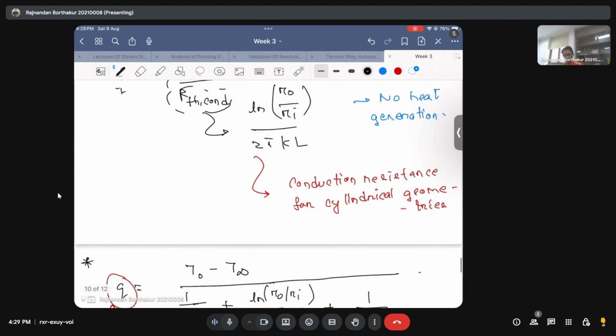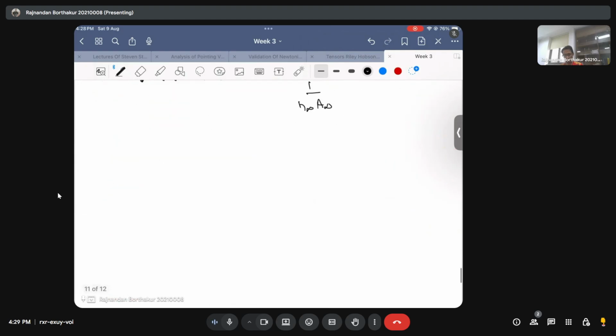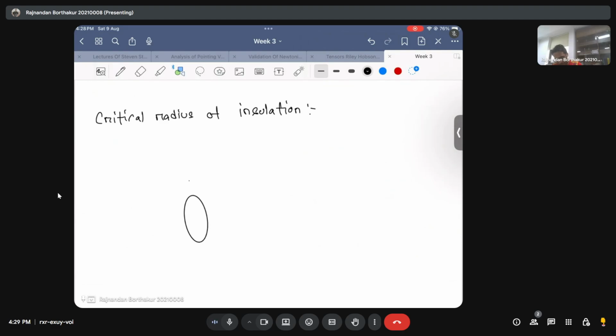But there is one more thing that I wish to discuss, and then we'll call it a day in cylindrical geometries. And I think you have also seen that this is something known as the critical radius of insulation. This is something that you need to understand a little bit. So let's say once again I consider a pipe of some inner radius and outer radius.